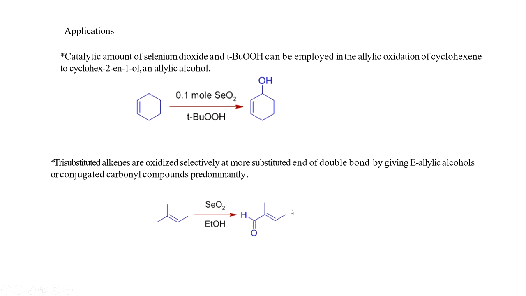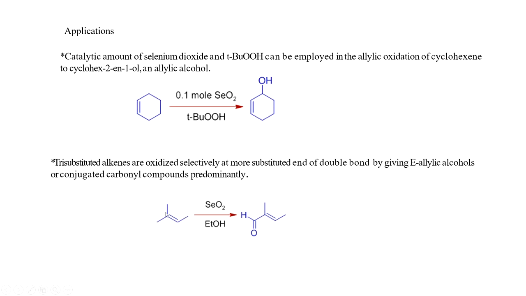You can see this methyl group and this CHO group are E with respect to each other. It has E configuration. So the more substituted allylic position gets oxidized in such cases.